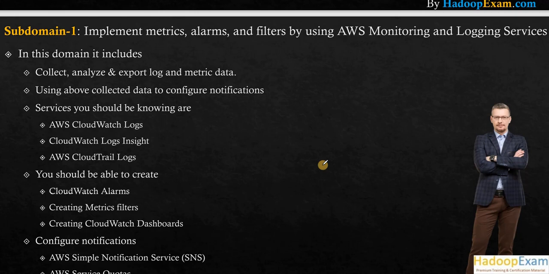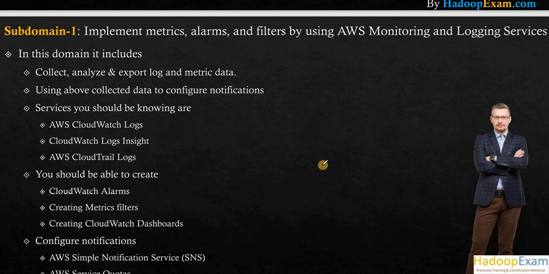You would see that in most of the questions, it would be a part of this kind of thing. But still you need to know which notification service you would prefer. The services you should know for logging and monitoring are AWS CloudWatch Logs, CloudWatch Logs Insights, and AWS CloudTrail Logs. These are all logging services provided by AWS.